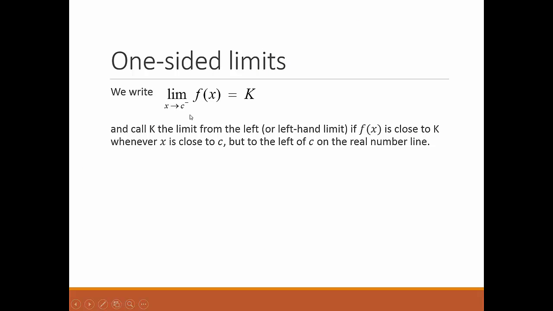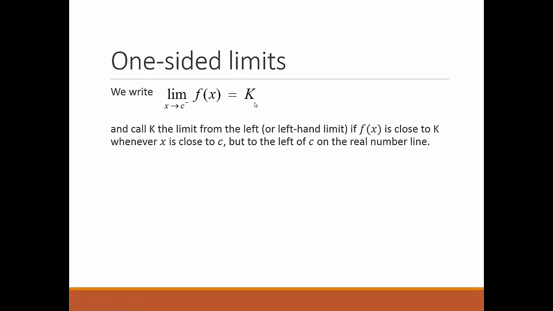So we write the limit of f of x as x approaches c with a little minus sign up there equals some limit. And that little minus sign means we're approaching from the left of x. So if I'm interested in x equals 0, then I'm looking at approaching it from the left of 0.